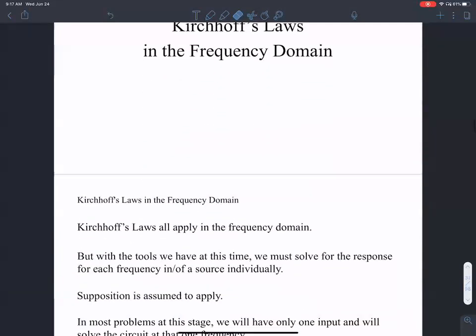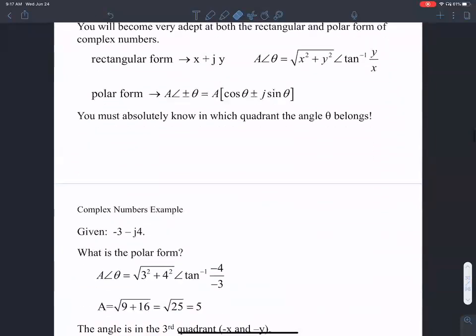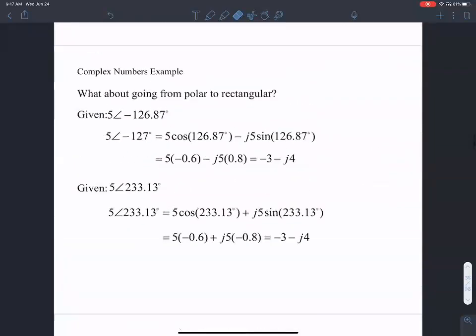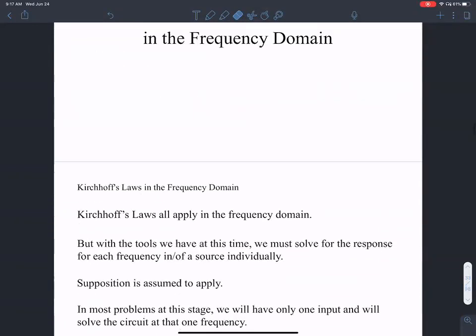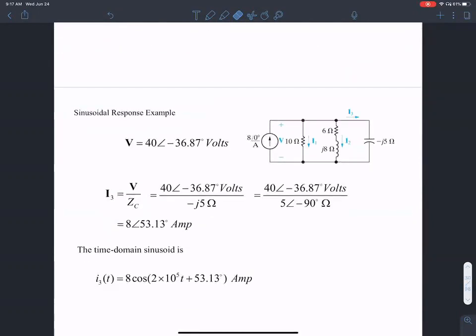We'll do some analysis using complex numbers and phasor relationships. When we do some examples in the next class, that will make things much more clear.